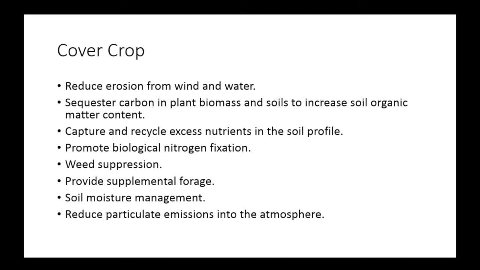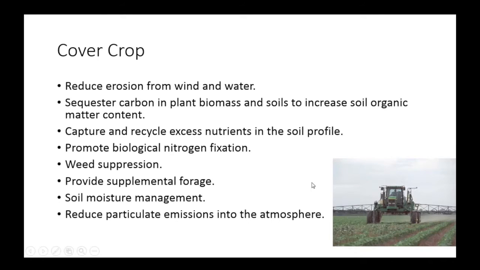Weed suppression, provide additional forage, soil moisture management can be profound. If we don't kill the cover crops, it can be detrimental at the early side of the season. So you have to be very, very careful and know an awful lot about it. If you're not careful, you can get in trouble with your carbon ratios. So there's a downside to everything we prescribe, and we need to be smart enough to avoid the downsides.